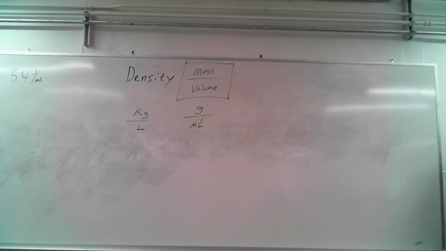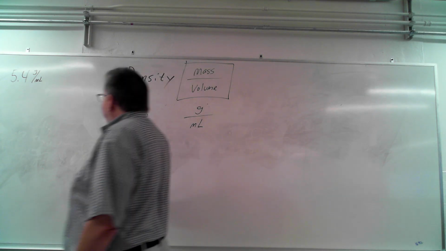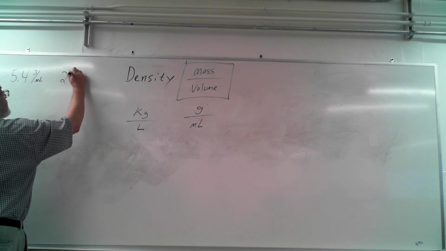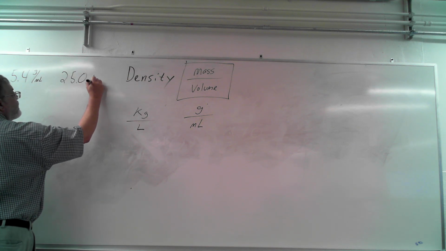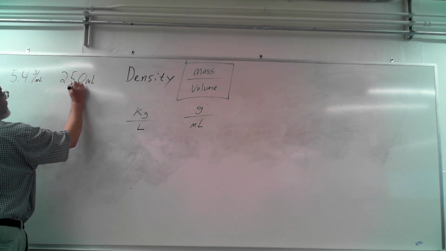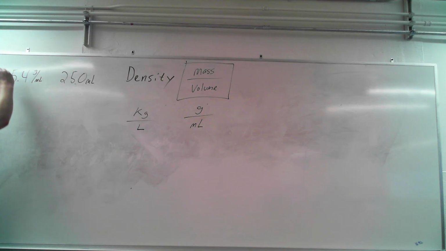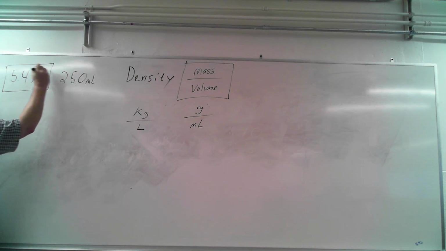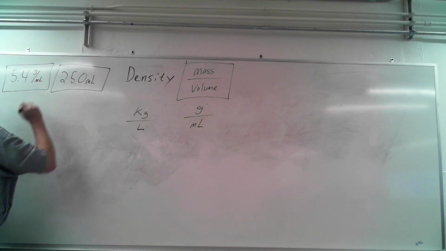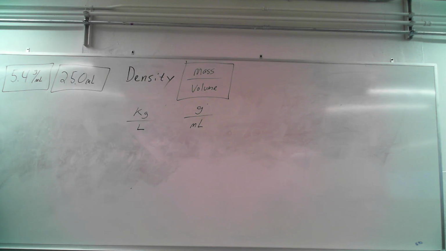If its volume, yeah, this needs some work too. If its volume is 25.0 milliliters, so that's the information we're getting from this question, but it should continue and say how many grams.